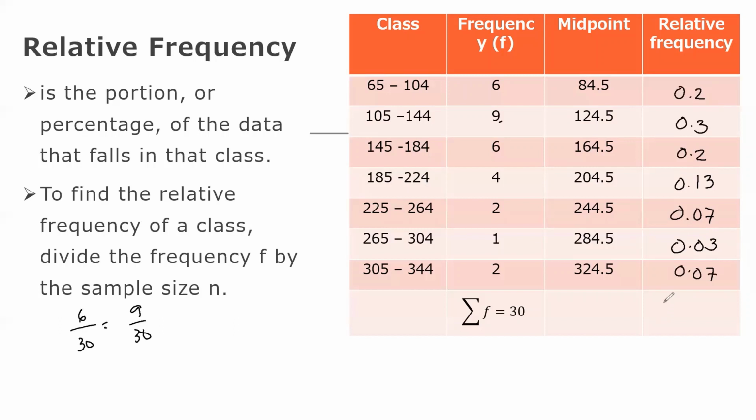Now, when we add the relative frequencies, the summation of the relative frequency must be equal to 1. 0.2 plus 0.3 plus 0.2 plus 0.13 plus 0.07 plus 0.03 plus 0.07. So we have 1. So the total of the relative frequency must be equal to 1. That is equivalent to 100%.